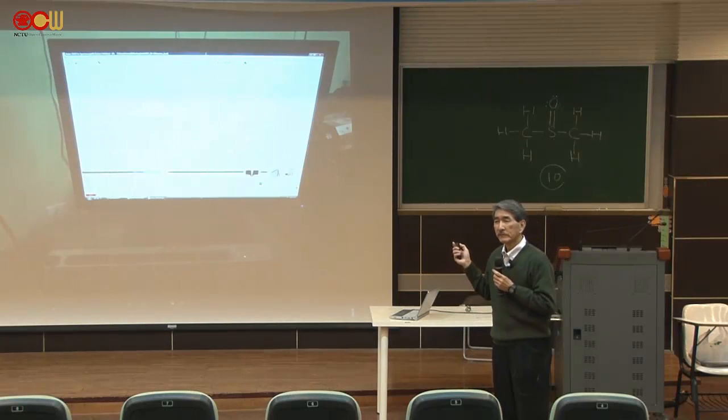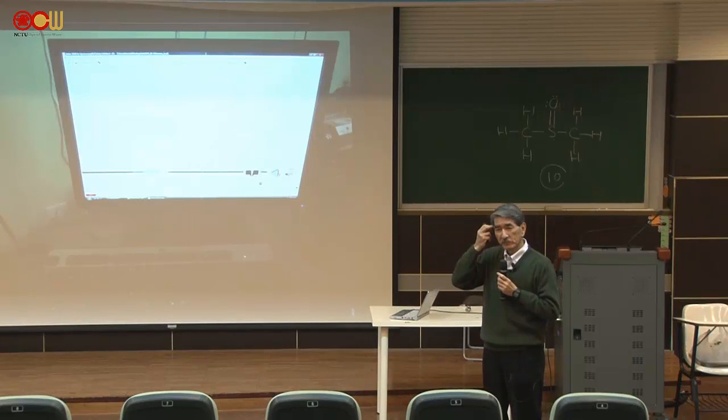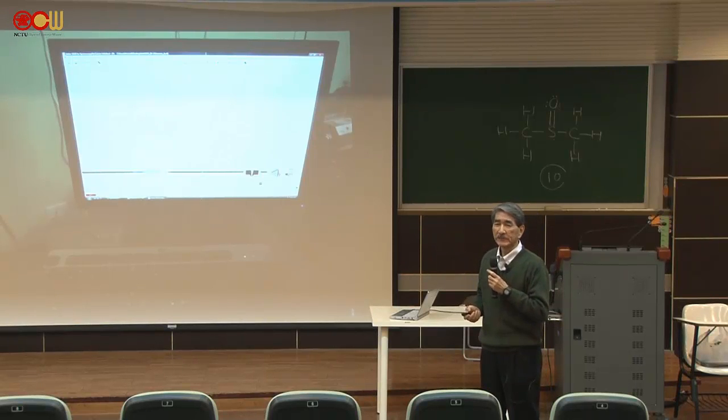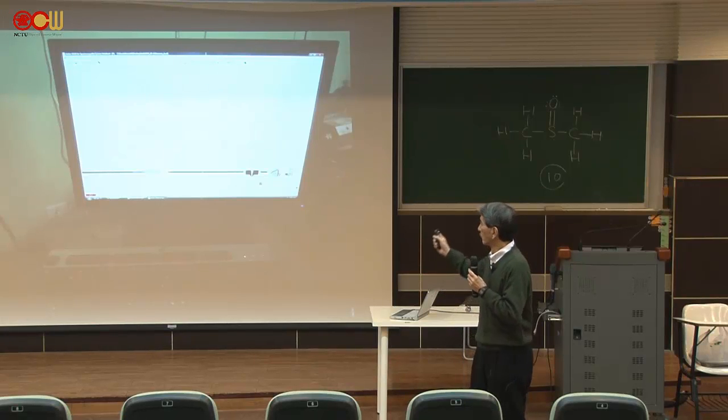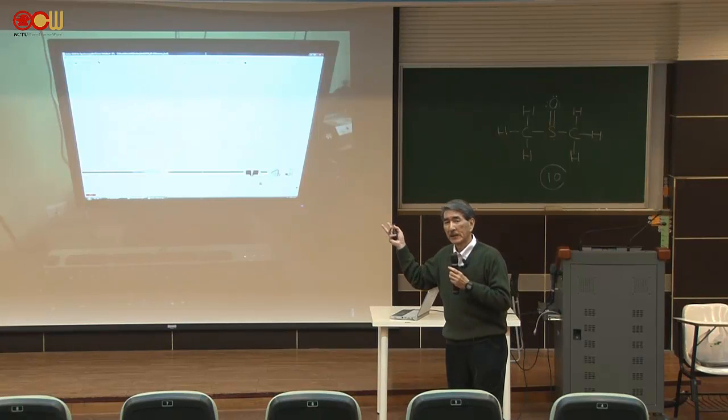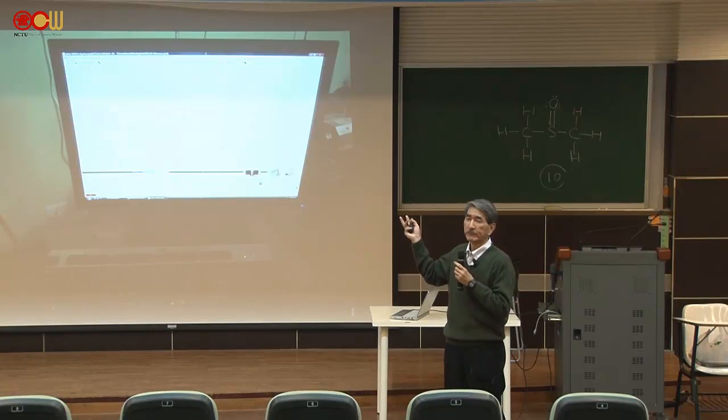So by showing this, I'm telling you that in physical chemistry, we usually construct the spectroscopic system by ourselves. By doing so, we have a very unique system. You know, these two Raman spectrometers are probably of the best quality in the world.